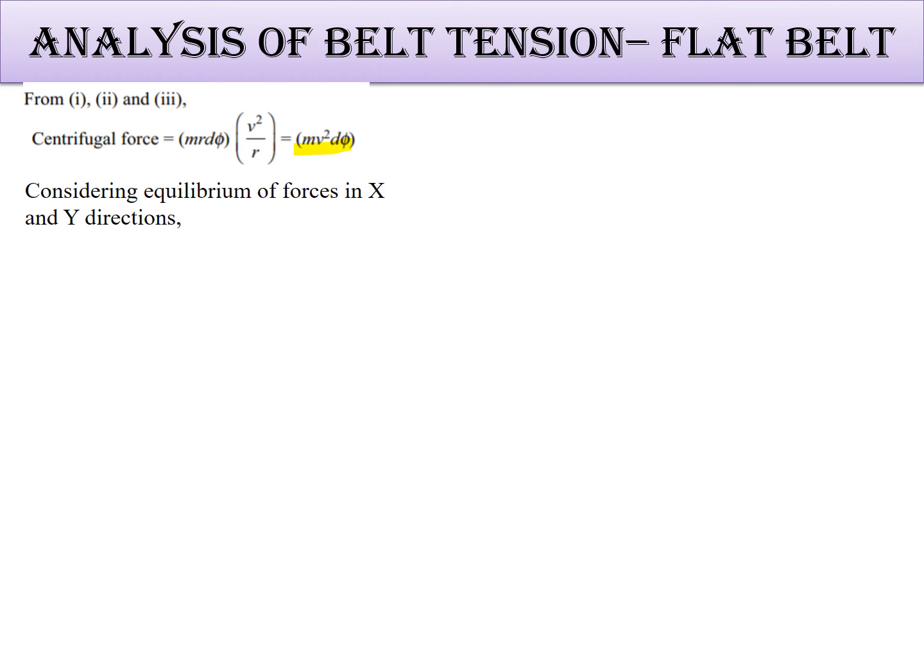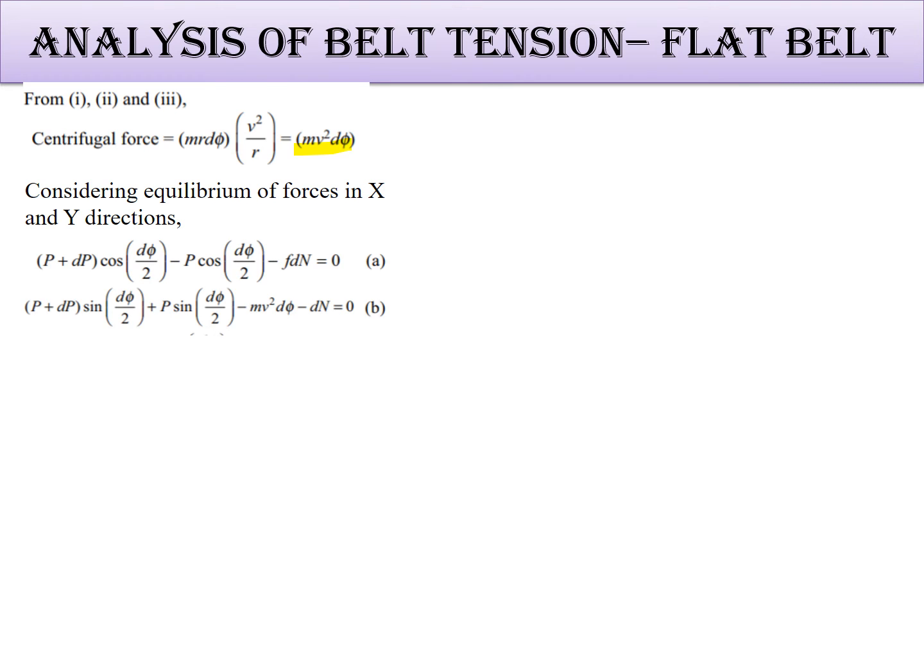Now by considering the equilibrium of forces in x and y direction, so (p plus dp) cos of d phi by 2 minus p cos of d phi by 2 minus f dn equal to 0 for x direction, and similarly for y direction. We added the sine and cos terms here, so we get these equations.